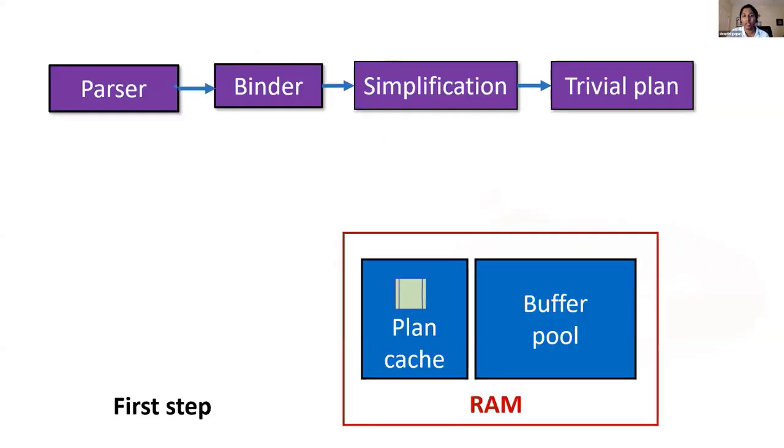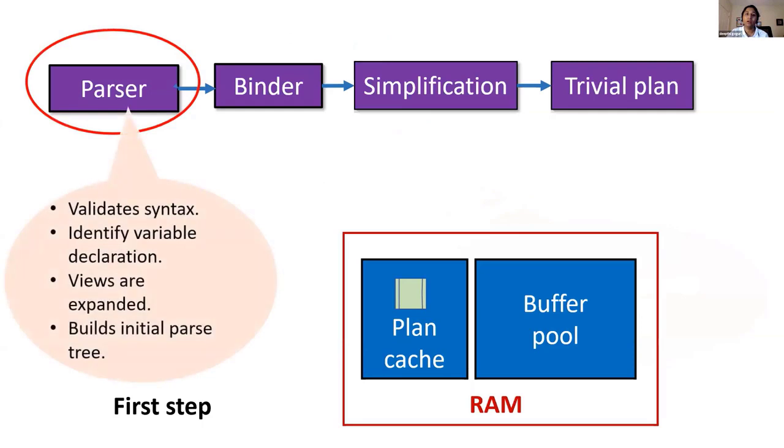The parser is the first component of the relational engine. So what happens at the parser? The parser will identify if there are any syntactical errors. For example, if you wanted to run a select star from a table, but by mistake you wrote select star from, then at the parser stage the parser should identify that as a syntax error, and it should throw an error back to the user.